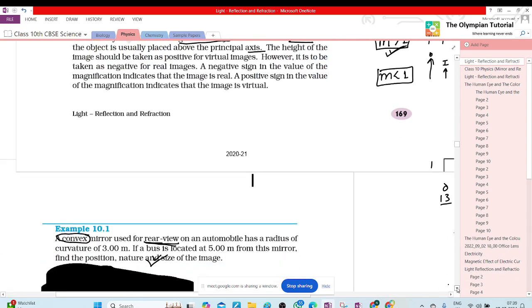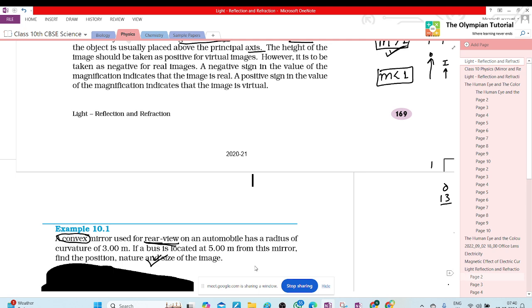Now example 10.1, read it and try to solve it. A convex mirror used for rear view on an automobile has a radius of curvature of 3 meters. If a bus is located at 5 meters from this mirror, find the position, nature, and size of the image.